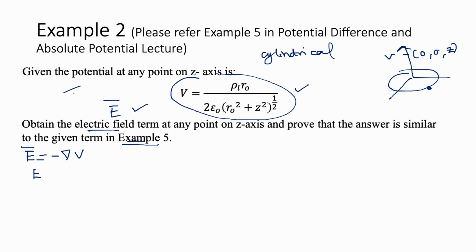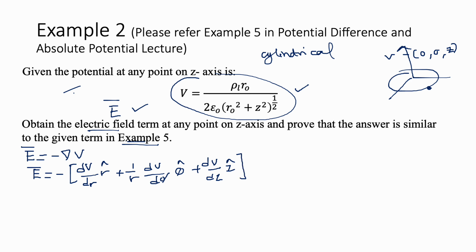So the E for cylindrical is equal to negative dV over dr in the r direction, plus 1 over r dV over d phi in the phi direction, plus dV over dz in the z direction.